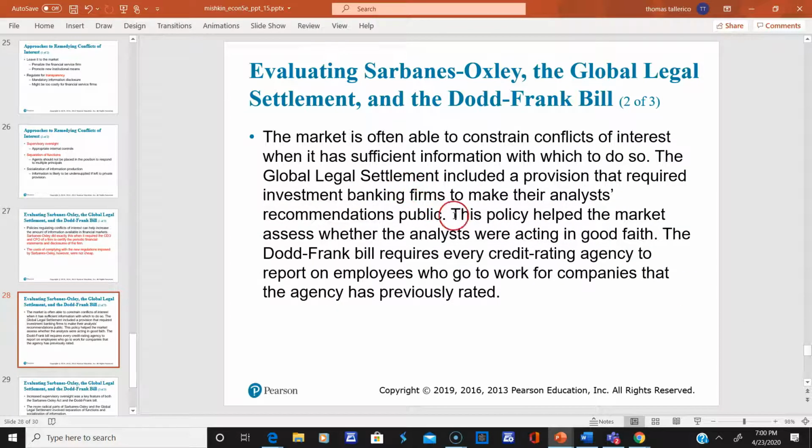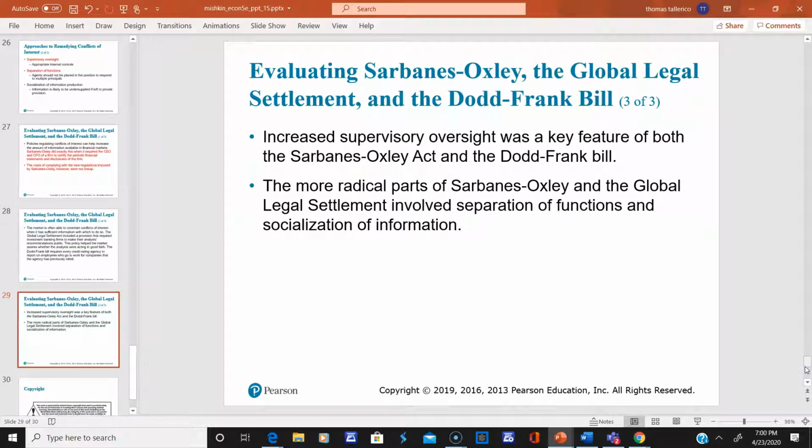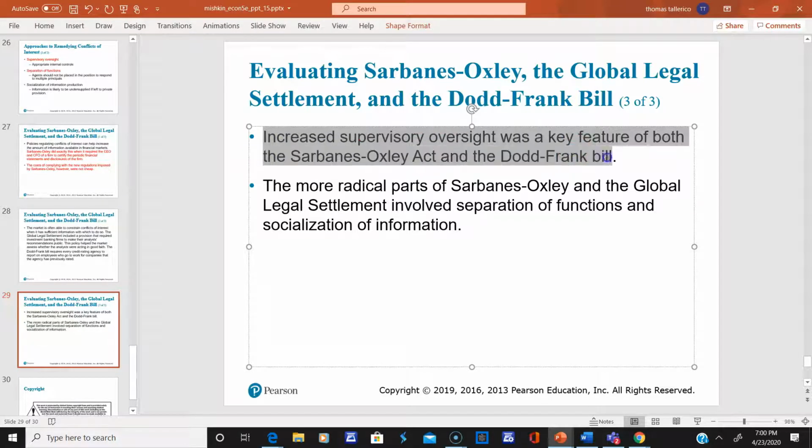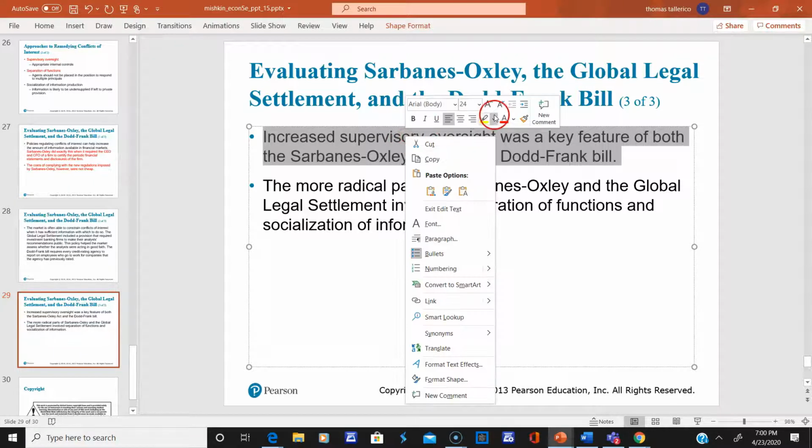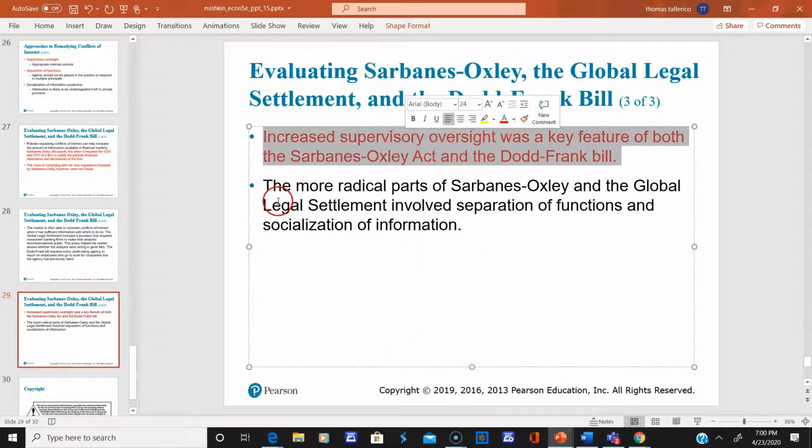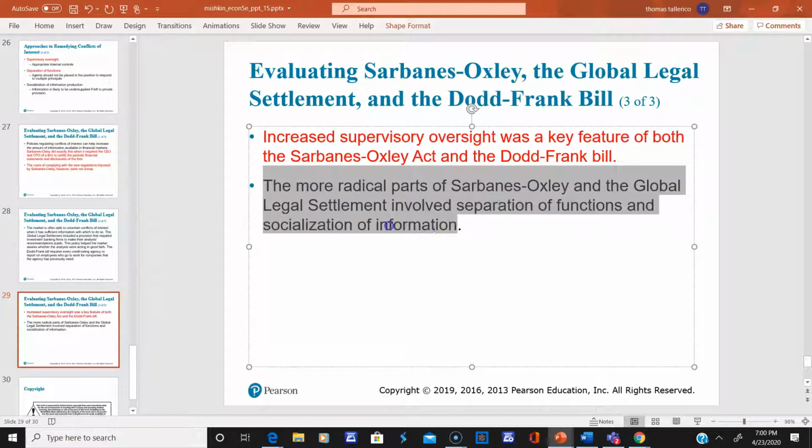So that's pretty much it. And I'm going to attach a couple of things to this now. So you can see here's the main point right here. The two main points: increased supervisory oversight was a key feature of both Sarbanes-Oxley and Dodd-Frank. Right? I mean, that's what you really needed, supervisory oversight.